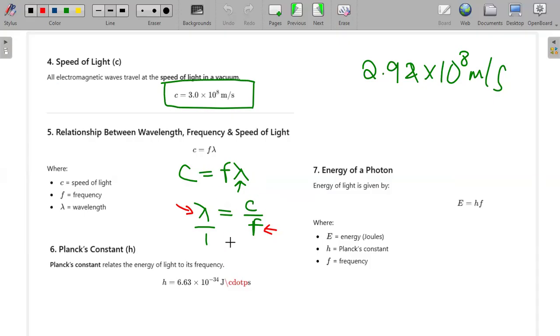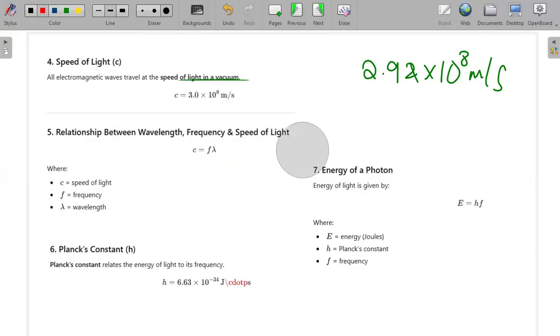That's when we are talking about the general speed. But when you're talking about the speed of light, the speed of light will just be constant. So this is the wave equation. It's a very simple equation, but it's very useful when we'll be solving questions on waves.